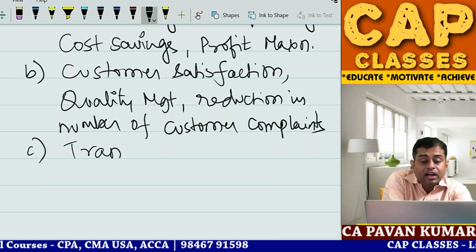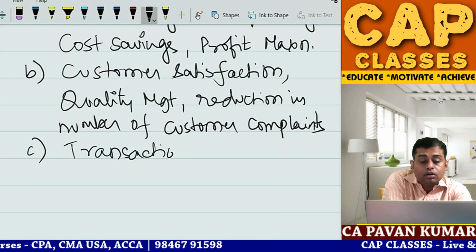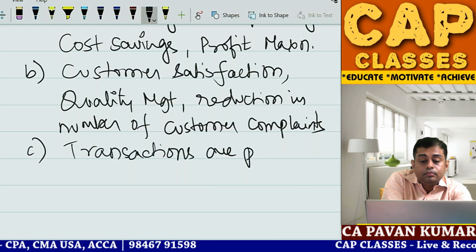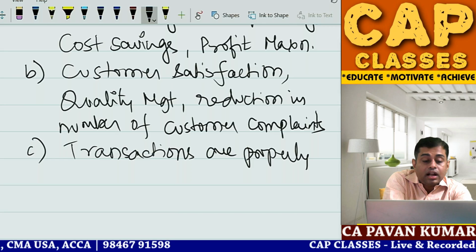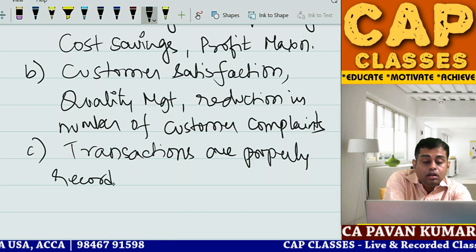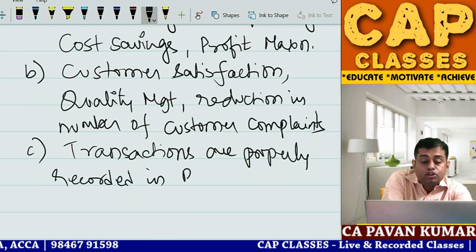C. Transactions are properly recorded in books of account.